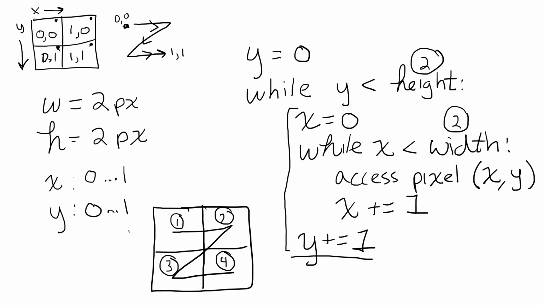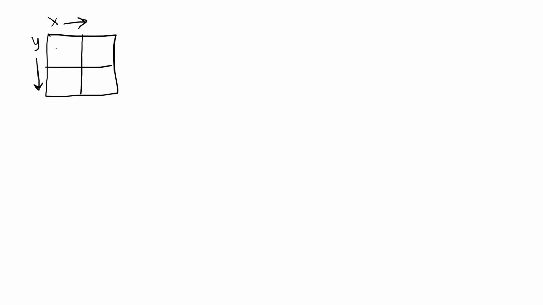Now, if you want to do it the other direction, we'll create a new slide here. Okay, so let's say we had another 2 by 2 image where x goes this way, y goes this way. This is 0, 0, 1, 0, 0, 1, 1, 1.